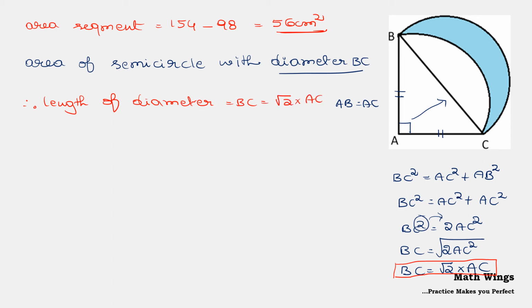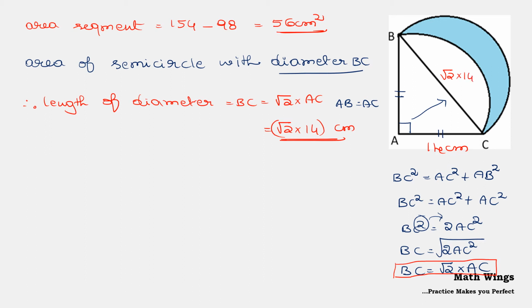Already we know the value of AC. AC is 14 centimeter, so BC is equal to root 2 into 14 centimeter. So we got BC as root 2 into 14, correct?